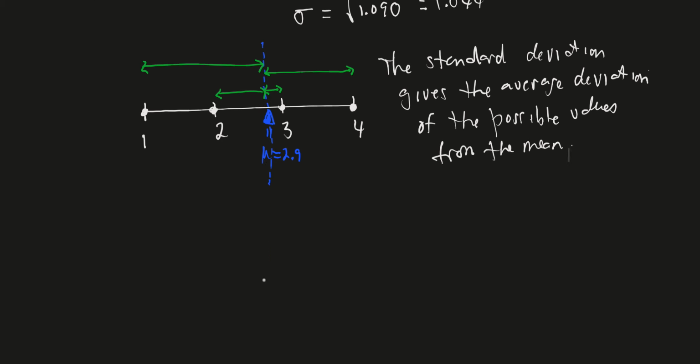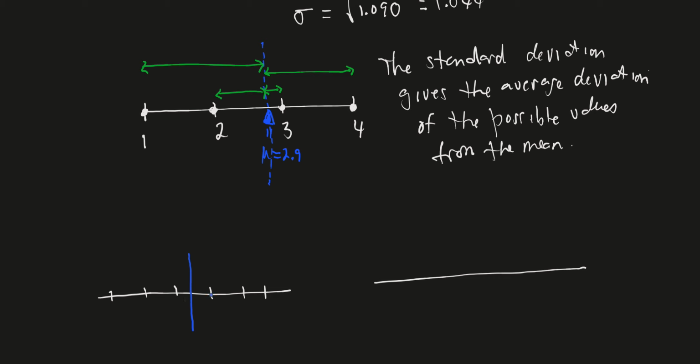So let's say I'm going to draw two number lines here, and we're going to have some possible x values like here, and then again I'll use that as your mean.